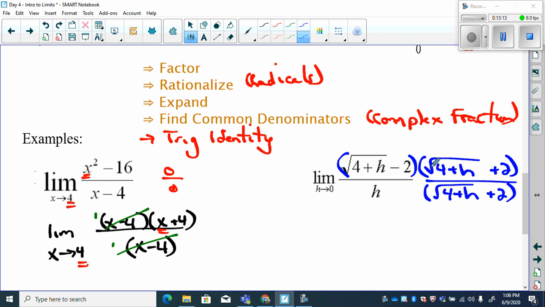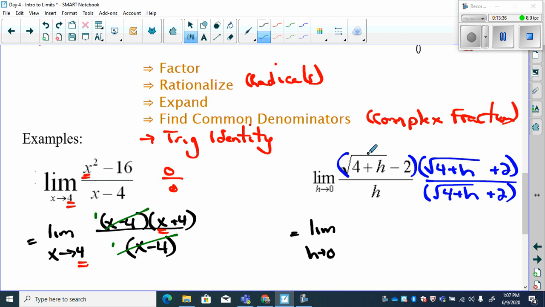Now think about this. Really, I'm multiplying top and bottom by radical 4 plus h plus 2 over radical 4 plus h plus 2. That's like multiplying by 1, right? So this is a legal mathematical move. So this is going to equal the limit as h approaches 0.